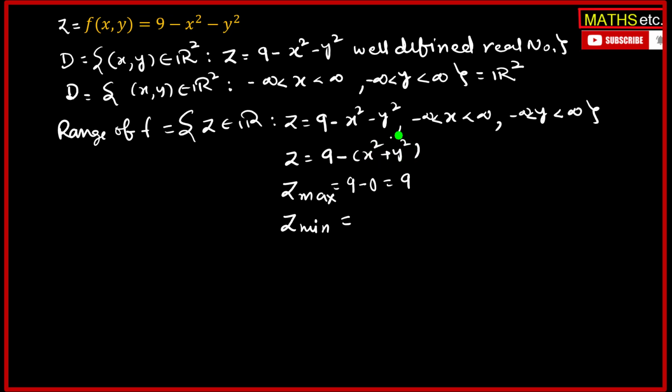So this is positive infinity, this is negative infinity, and some fixed number minus infinity, that is some fixed number minus numbers that keep increasing, will be decreasing and decreasing. So z minimum will be tending towards minus infinity. So the range of this function f is the interval minus infinity to 9, where the point 9 is included.